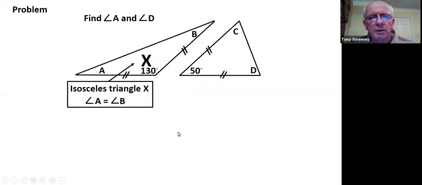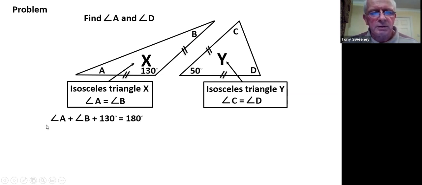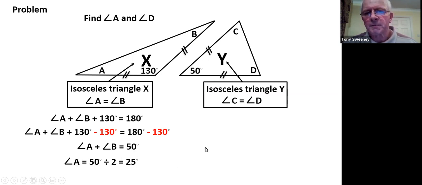There, so we know that that's an isosceles triangle, and that's another one. So when you have manipulated the diagram, it's easy to solve this now. So this is the three angles together equal 180, and you take 130 from each. That's teacher work, and you find that angle A is equal to 25 degrees.